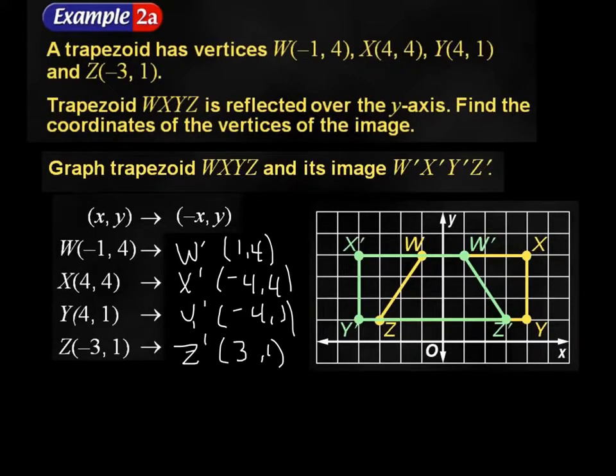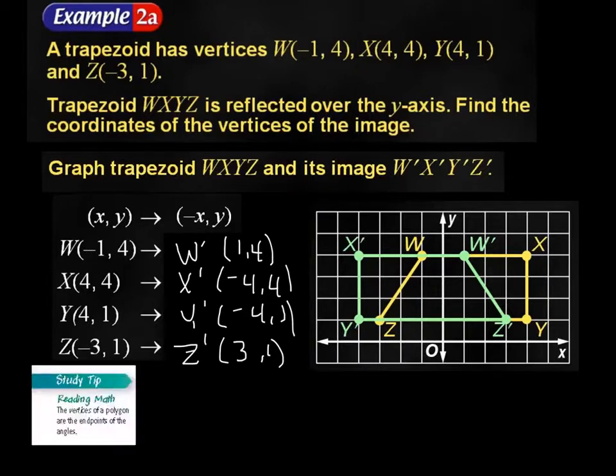And now the image, W prime, is at (1, 4), X prime is at (-4, 4), Y prime is at (-4, 1), and Z prime is at (3, 1). I just threw in that term vertices as a reminder: the vertices of a polygon are the endpoints of the angles.